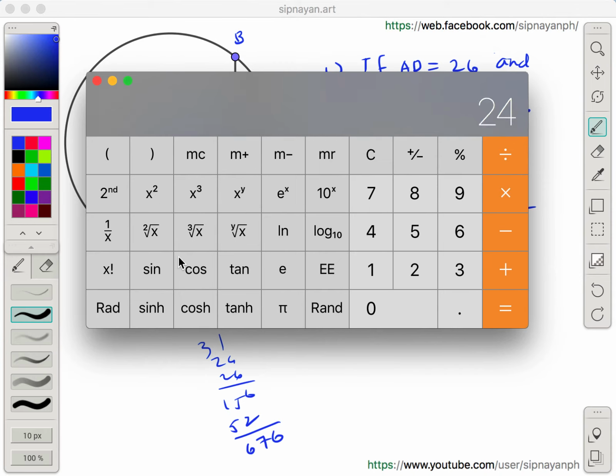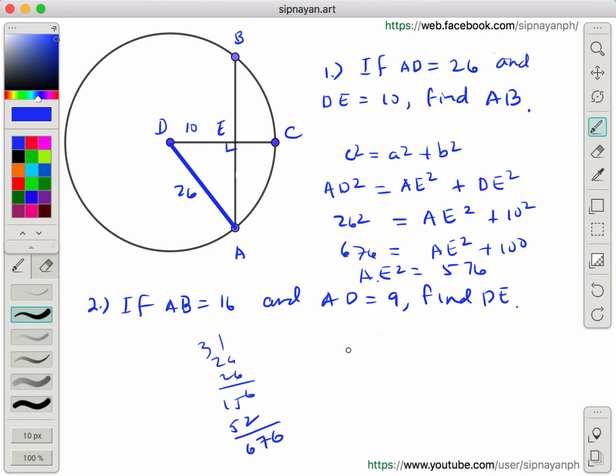Find the square root. So 24. So meaning, tong part na to, AE. We have AE. AE is 24. So, itong part na to, 24. Kaso, from the theorem na sabi natin, pag perpendicular, it divides the segment into two equal parts. So, 24 ito, 24 din to. Meaning, ang tinatanong natin na AB is actually equal to dalawang 24. So, this is 48. Okay?